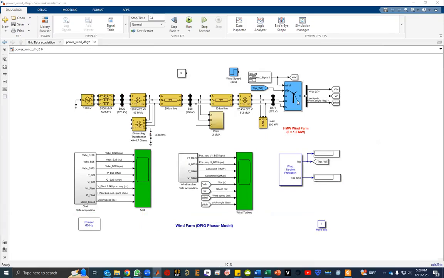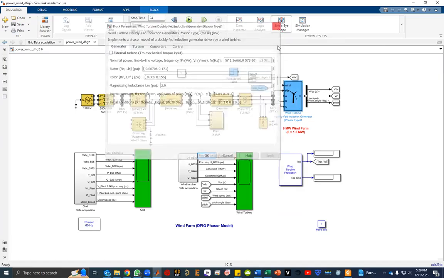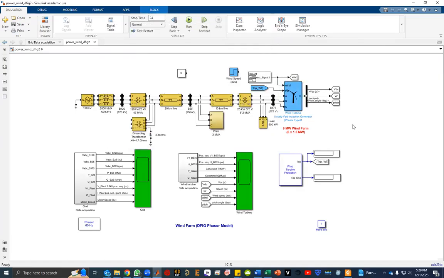If I double click here, you will see the wind farm example. Don't worry if you don't understand many of the things in these 3 examples, it's okay, but I want you to have a basic idea of what wind farms look like, what the different elements are, and how we connect this wind farm to the normal grid.